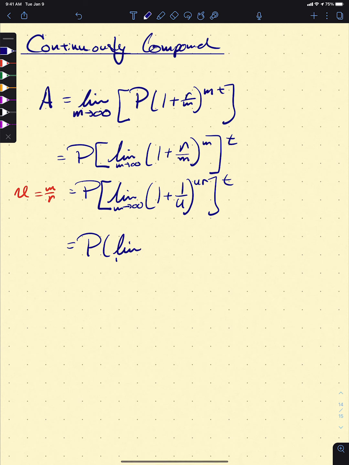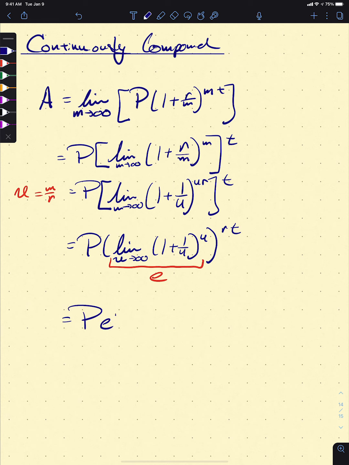The limit as u goes to infinity of 1 plus 1 over u to the u, to the rt. And maybe this looks a little bit familiar to you because this is our definition of e.